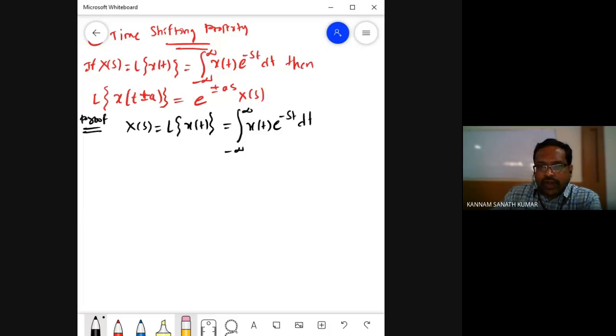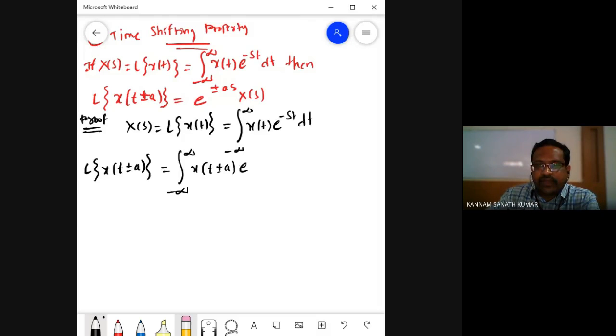Now you have to calculate the Laplace transform of x of t plus or minus a. This equals the integration from minus infinity to infinity of x of t plus or minus a into e power minus st dt.